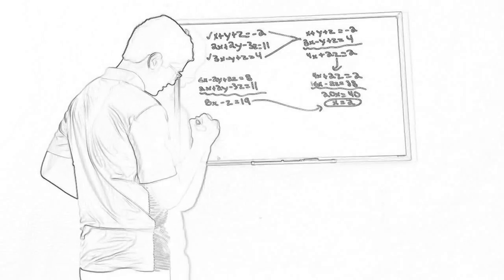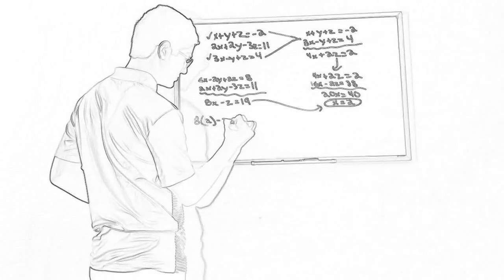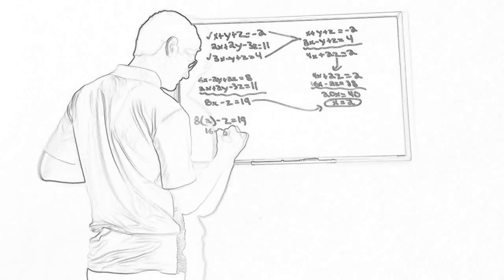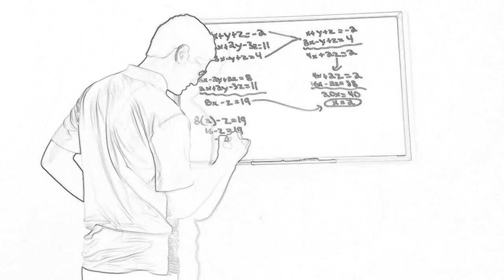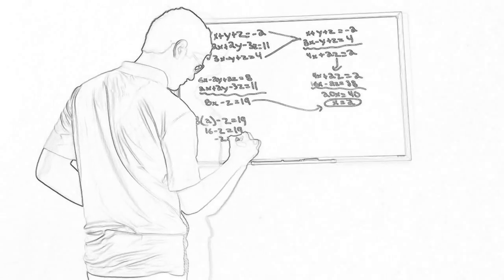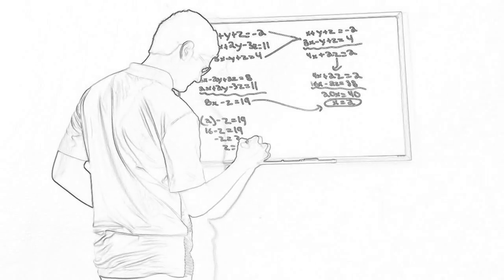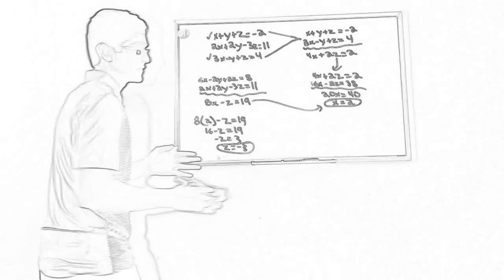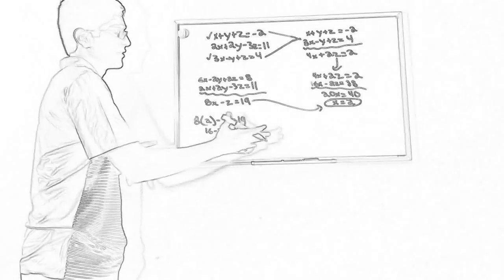We'll have 8 times 2 minus z equals 19. 16 minus z equals 19. Negative z equals positive 3, which means z equals negative 3. And now we have solved for two variables. So let's move on to the third variable.